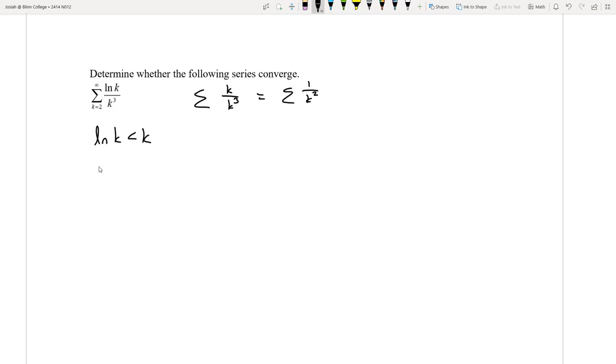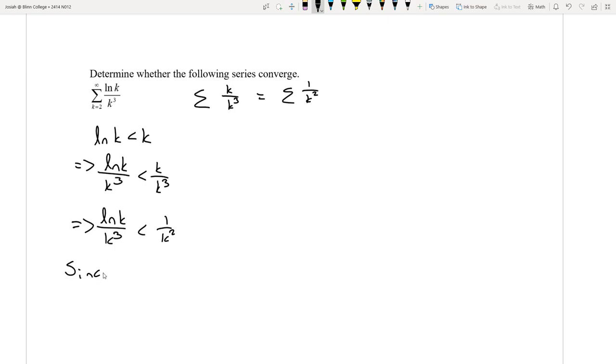So we'll go ahead and divide both sides by k cubed. And when we do that, we get natural log of k over k cubed less than 1 over k squared, just like we wanted.